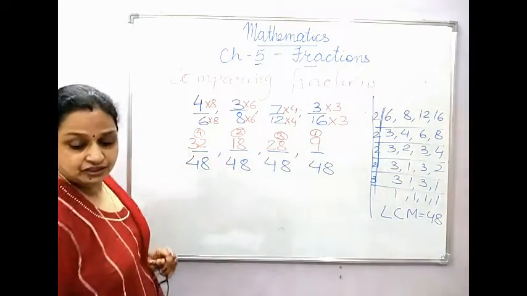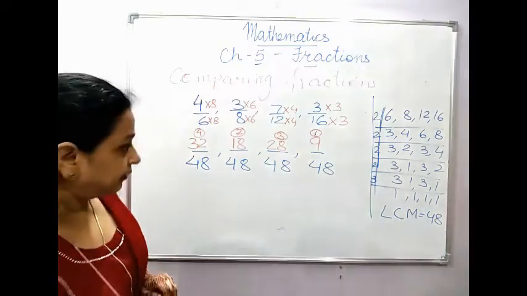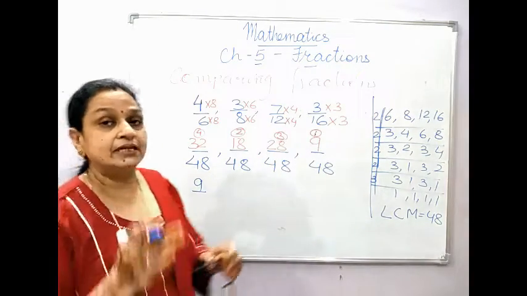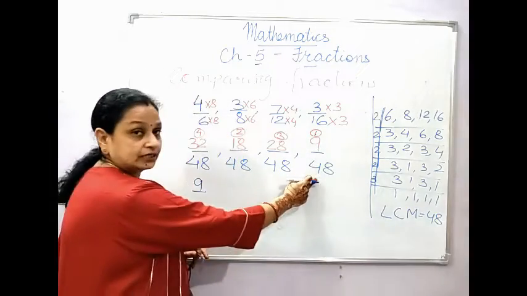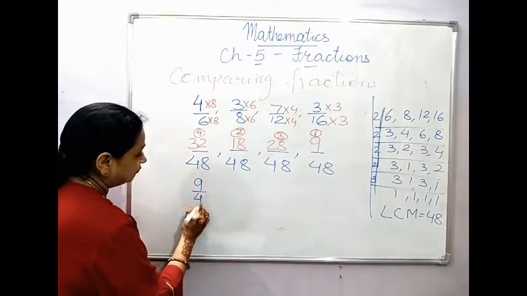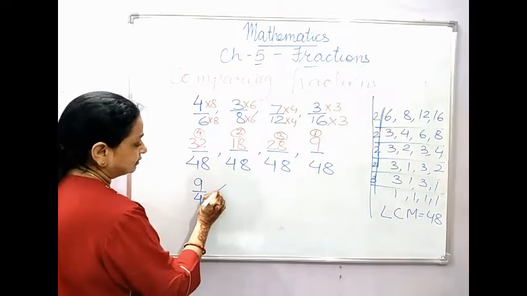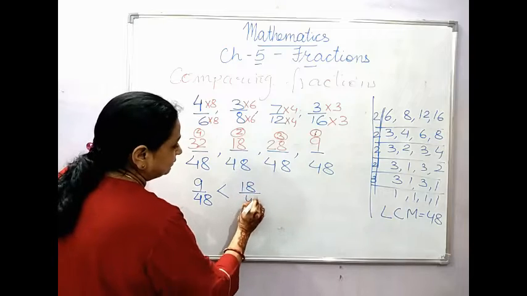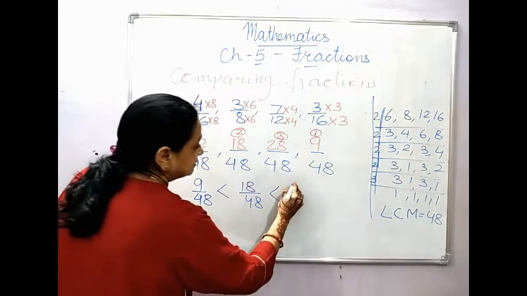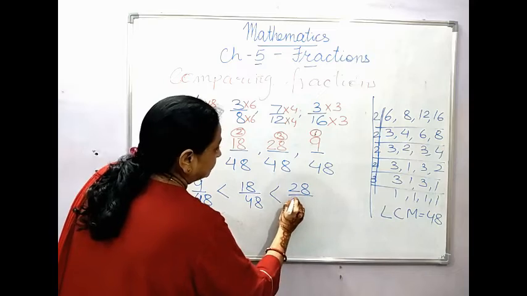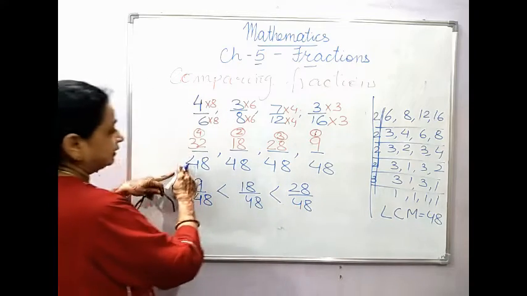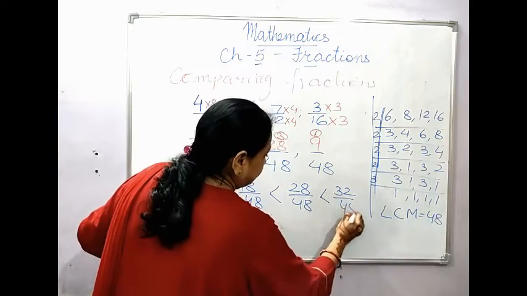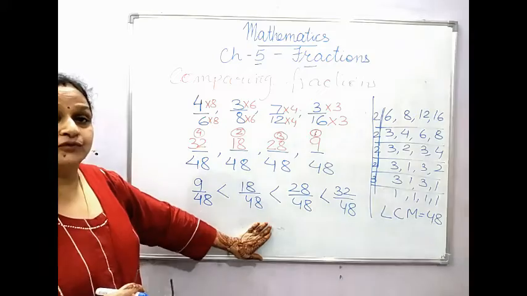Now arrange these fractions in ascending order. This will be the smallest one, and ascending means smaller to bigger. So this is the smallest one. So 9 upon 48 is smaller than the second, this one, 18 upon 48. This is smaller than this, 28 upon 48. And the last one is your 32 upon 48. Now the sum doesn't end over here.